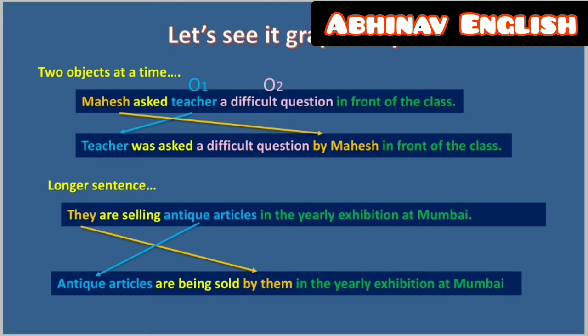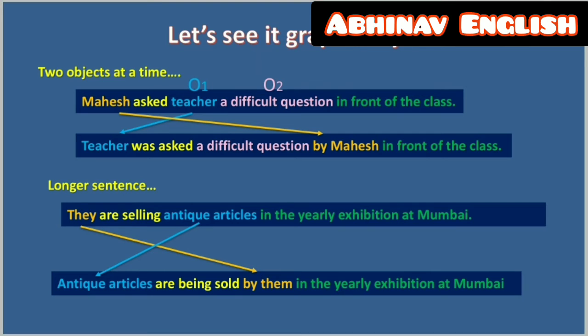Now turn to the second sentence, which is a longer sentence, which is the main part of this session. They are selling antique articles in the yearly exhibition at Mumbai. So extra information is given about the place where the action of selling is being done, and this sentence has a verb, are selling. So the tense is present continuous, and accordingly we have to use the changed form of the verb in passive.